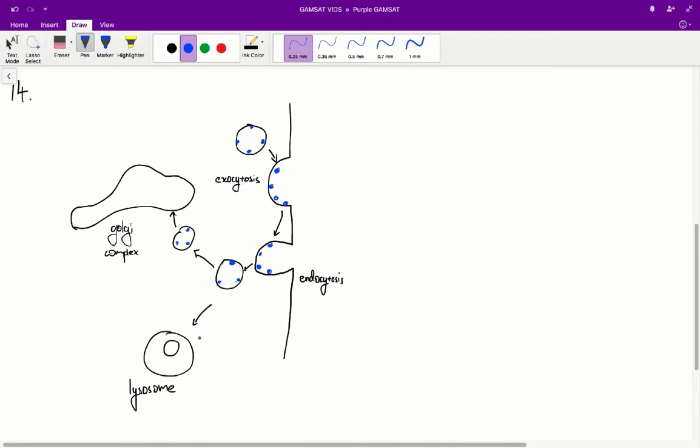Now, the vesicle has one of two options. It can either engulf or merge with the lysosome, or it can merge with the Golgi complex. In the diagram, we've got this engulfing situation with the lysosome, so the vesicle has been completely engulfed by the lysosome. What isn't clearly shown is that the vesicle can actually merge with the lysosome.